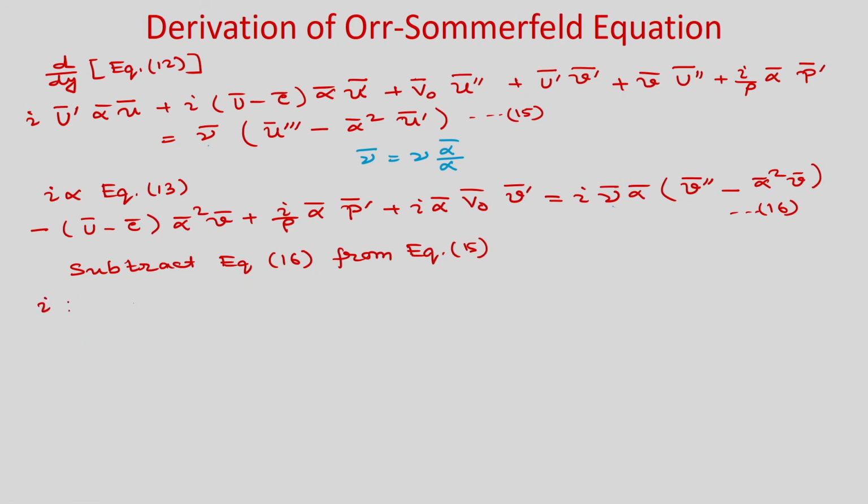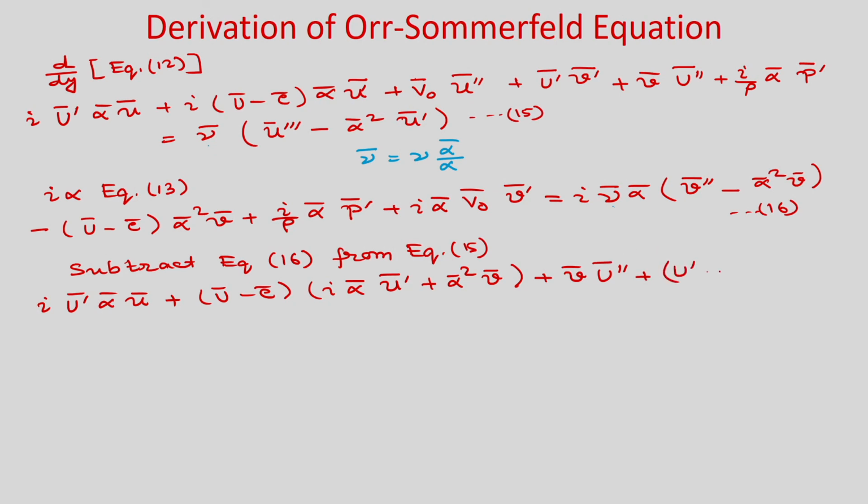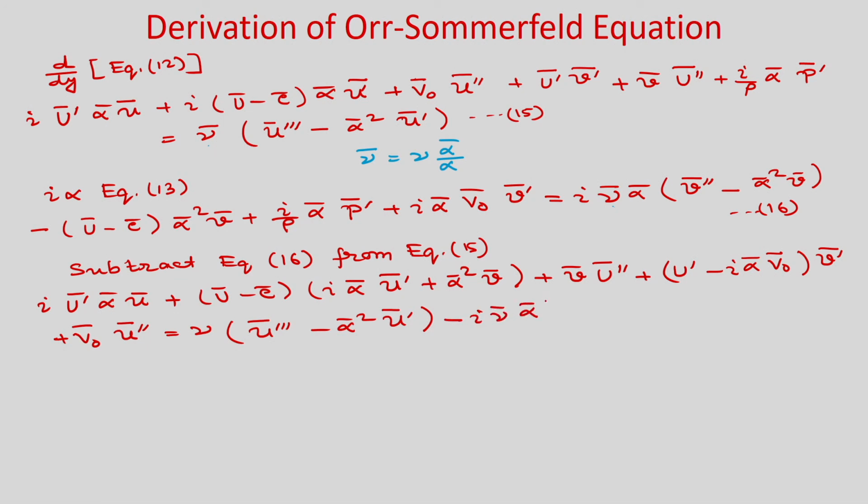So, finally, we will get i u prime bar (alpha bar u bar plus u bar minus c bar i alpha bar u prime bar plus alpha bar square v bar plus v bar u double prime bar plus u prime minus i alpha bar v naught bar v prime bar plus v naught bar u double prime bar) is equal to nu (u triple prime bar minus alpha bar square u prime bar minus i nu bar alpha bar, it will be nu bar, and we will get v double prime bar minus alpha bar square v bar).